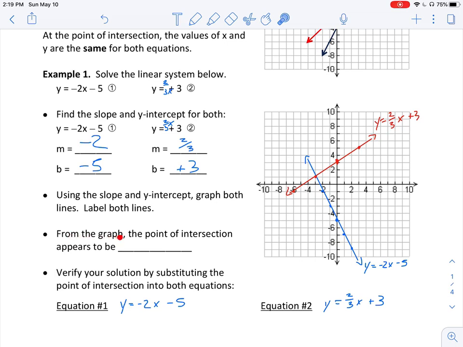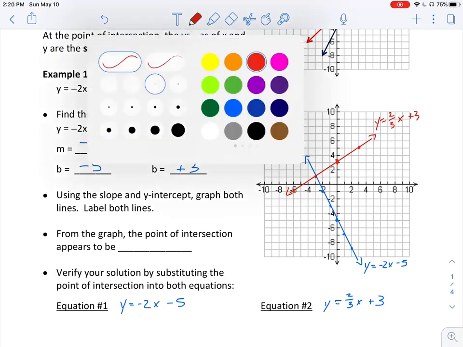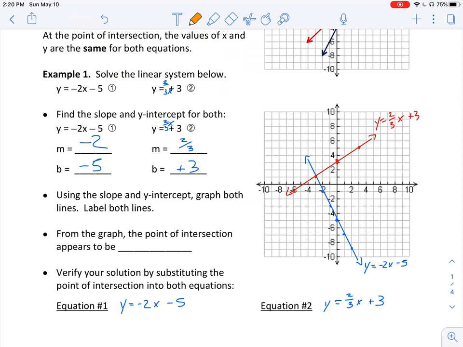Now I need to identify the point of intersection. It appears to be right here. If I was to label those coordinates, that looks like negative 3 as my x, and positive 1 as my y. So we can see how x is negative 3, y is positive 1. So the point of intersection in terms of coordinates is negative 3 and 1.